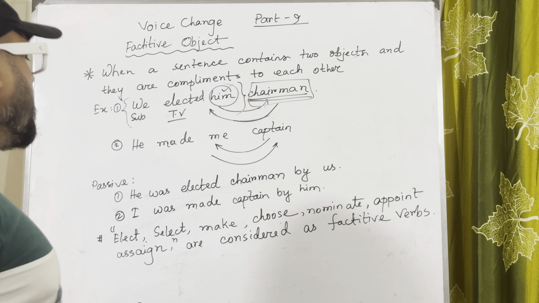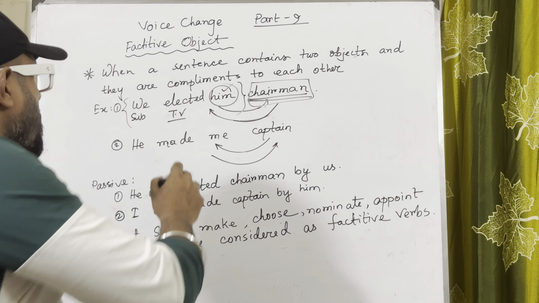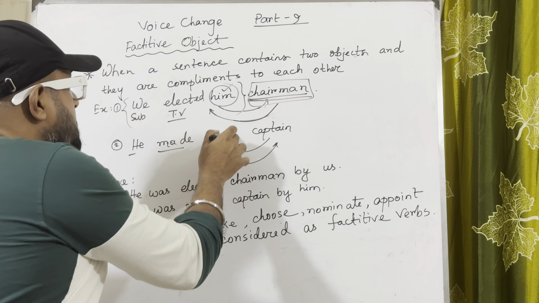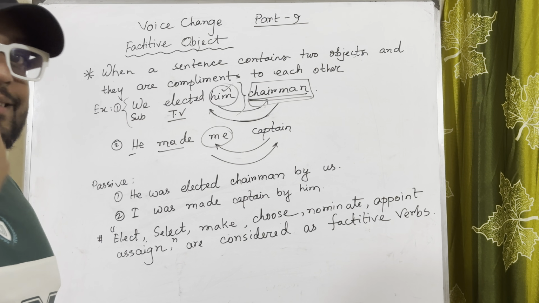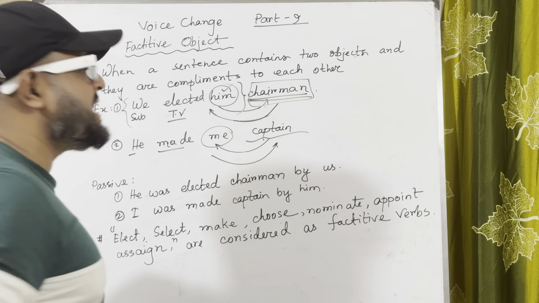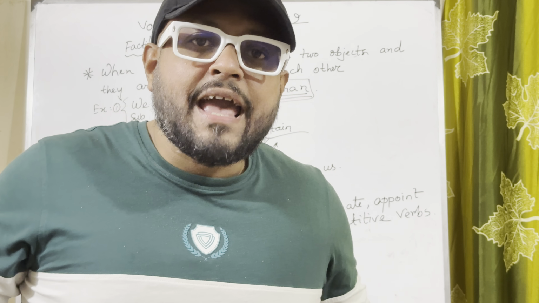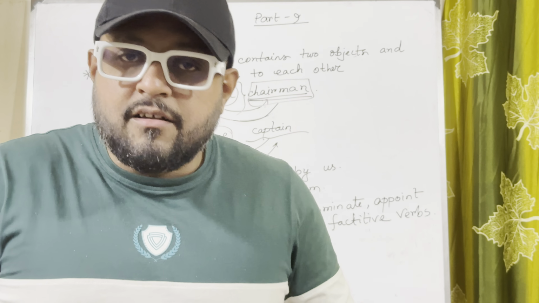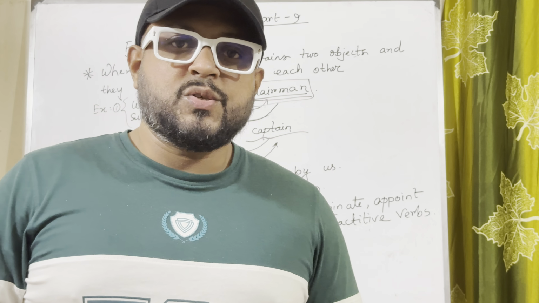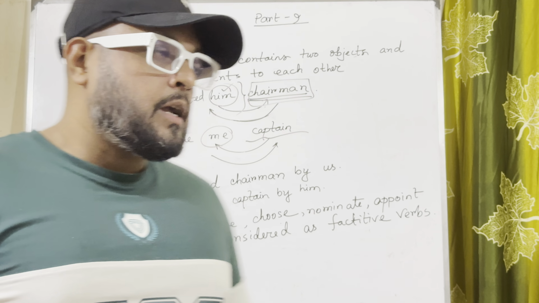Again, you can see the next example. He made me, and the second object is captain. So me and captain are the same identity. There is no difference between these two things.